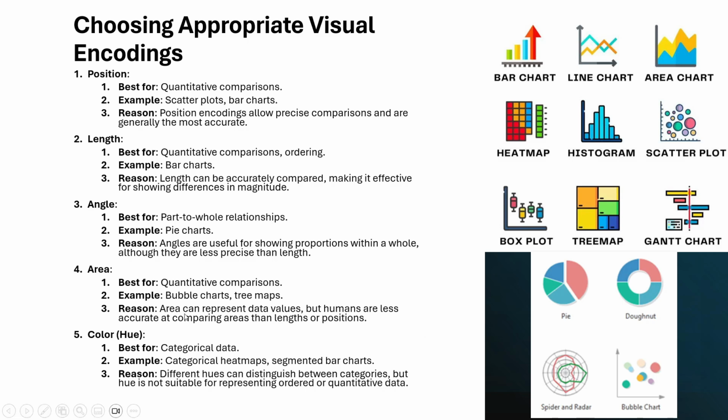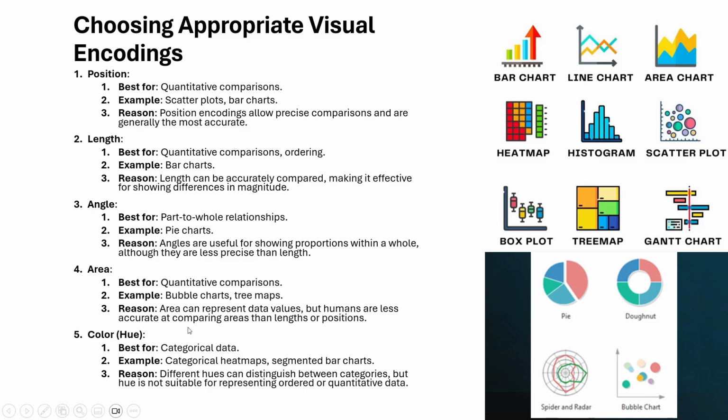The area actually represents the data value, but humans are less accurate at comparing areas than length and position. If you put a lot of bubbles with different sizes, it is very difficult for the human eye to compare them, compared to length or position.